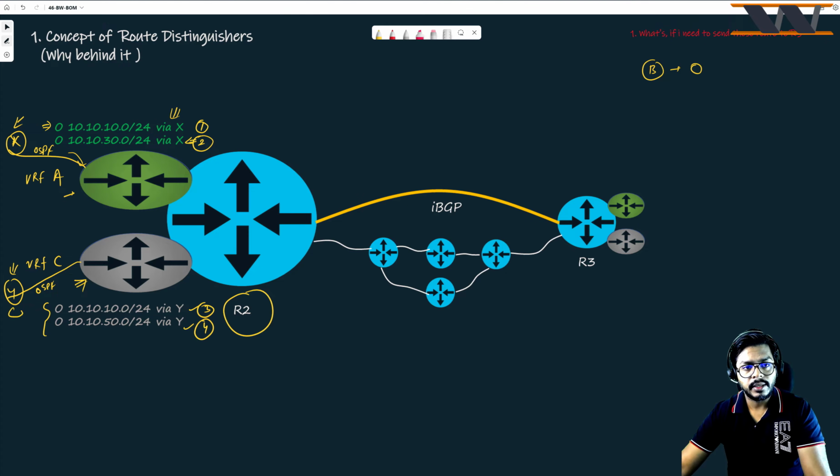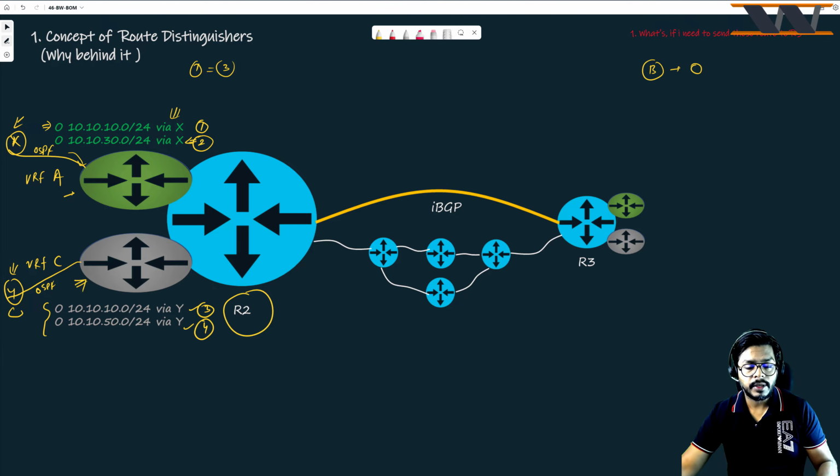Route number 1 is exactly equal to route number 3, because both are 10.10.10.0/24, but they can persist in router R2 because they are part of two different routing tables. One routing table belongs to the green VRF and the other belongs to the gray VRF. It is as simple as that. They can coexist with each other.